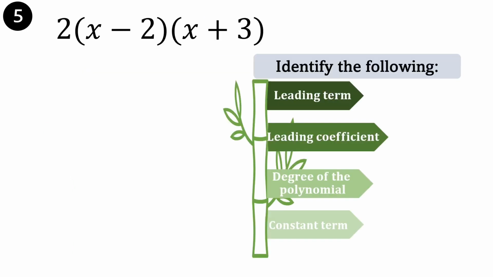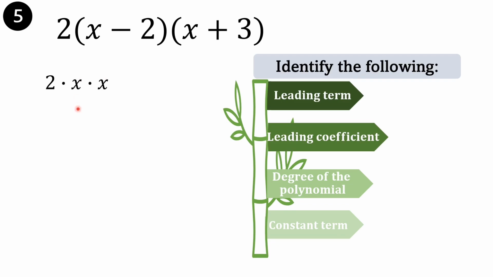Number 5: 2 times the quantity of x minus 2 times the quantity of x plus 3. This form is in factored form, so we have to simplify or expand first. How do we do that?